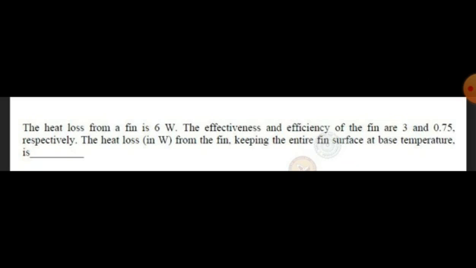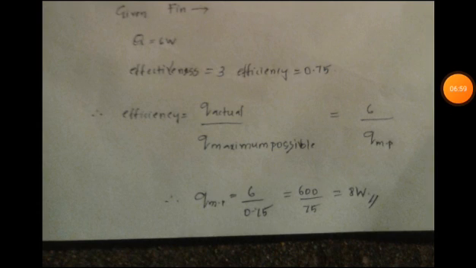Okay, I have solved this question, I will show you. This is the solution. Here they gave heat loss Q as 6 watt, effectiveness as 3 and efficiency as 0.75. Here I will explain what effectiveness is and what efficiency is.